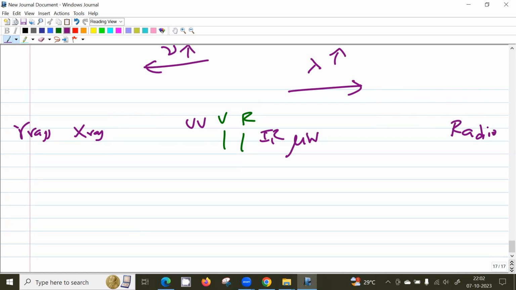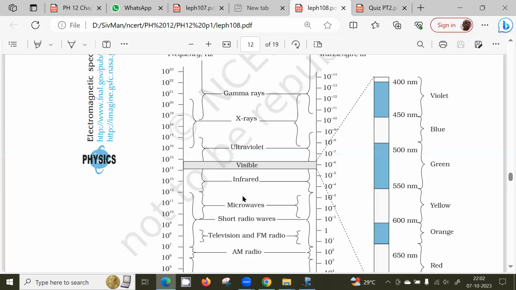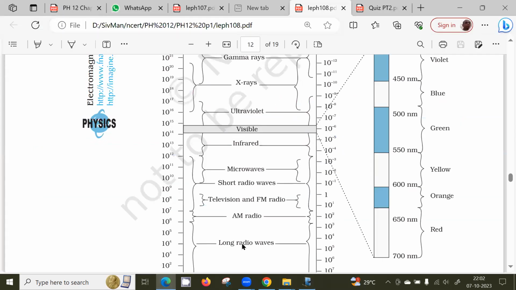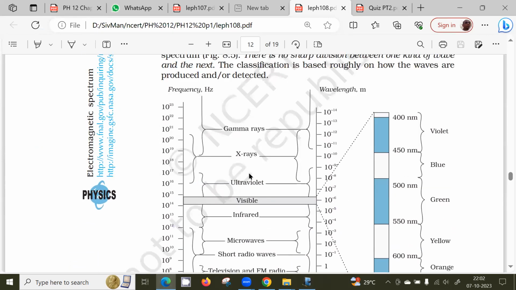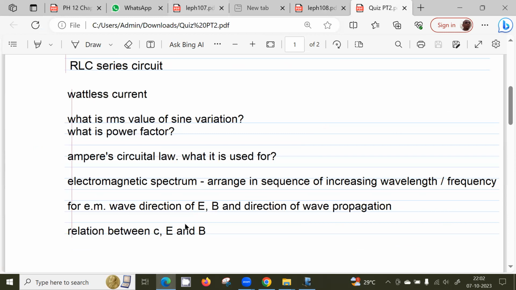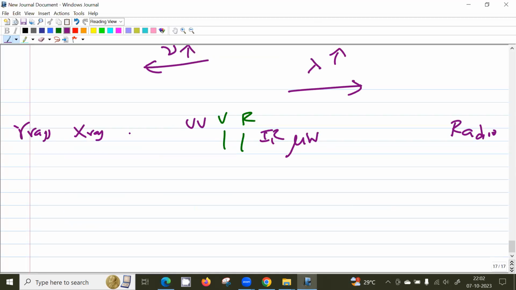At least these main things you have to remember, and some further radio waves: short radio, long radio waves. So you should know the sequence of the increase in frequency. You should know that X-ray frequency is more compared to microwaves, and the wavelength of infrared is more than violet. So this sequence you should know.